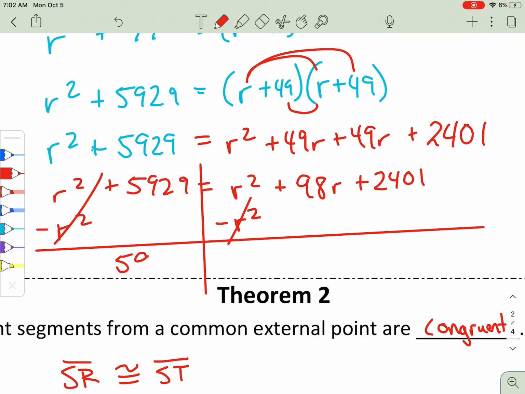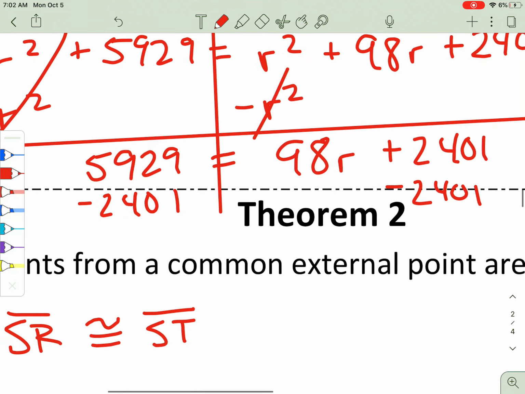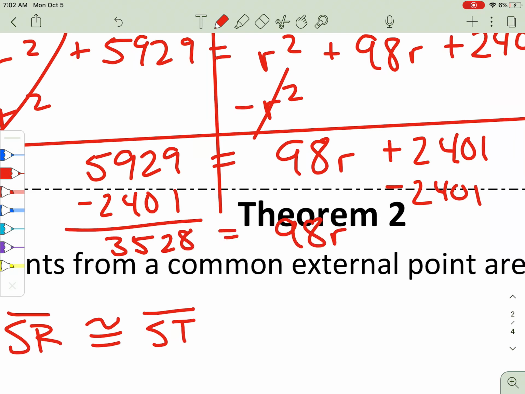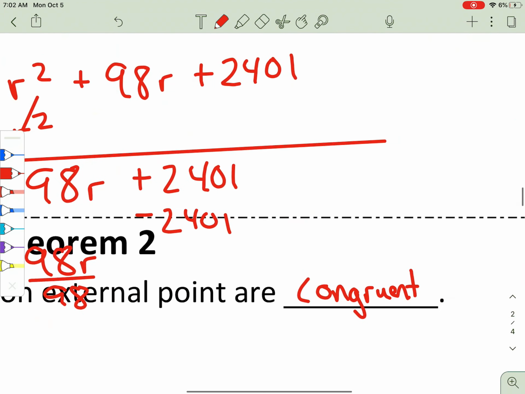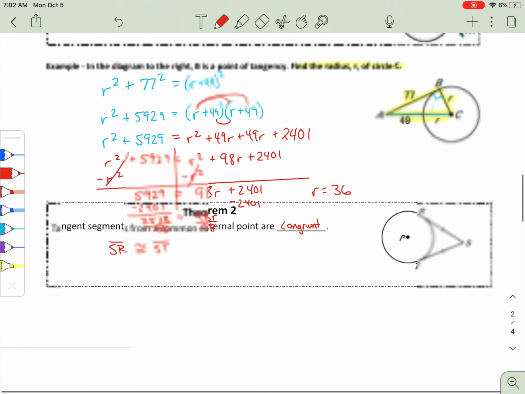So I have 5,929 equals 98r plus 2401. Then I can just subtract the 2401. So 5929 minus 2401 is 3528. Then divide by 98. So r is 36. There you go.